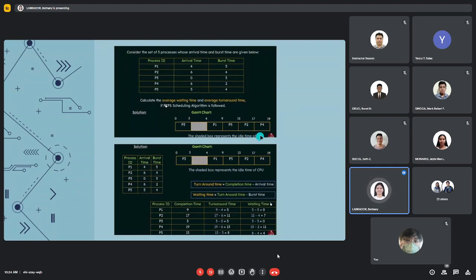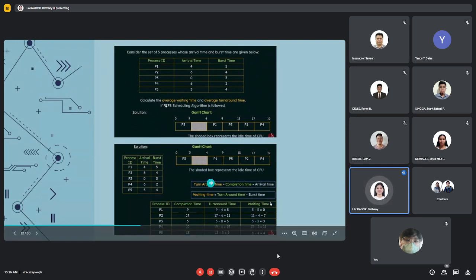Obviously, P4 gets the CPU after P2 completes, because that is the last one. How long does P4 execute? The burst time of P4 is 2 units of time. So 17 plus 2 is 19. So P4 completes its execution at the 19th unit of time.